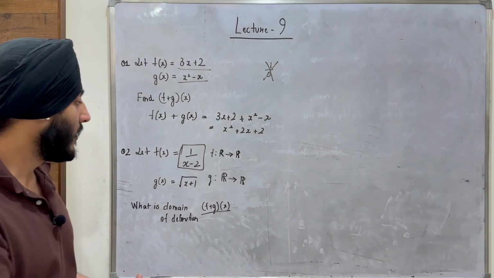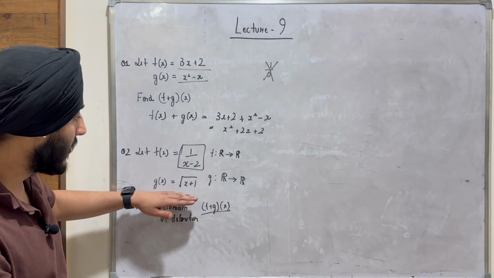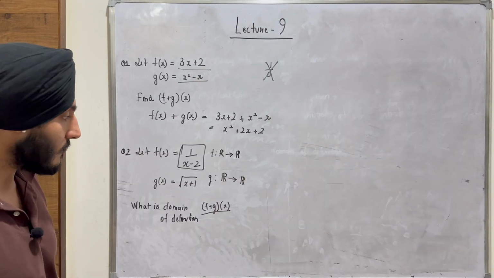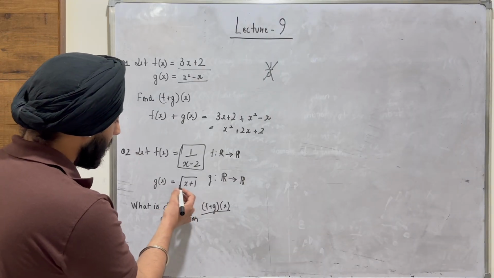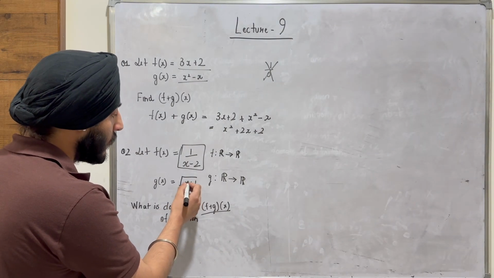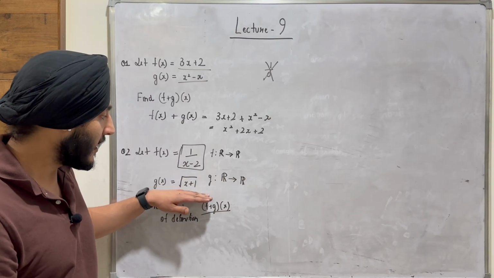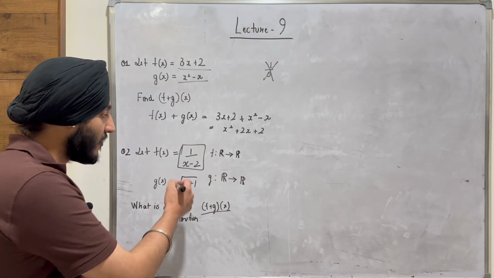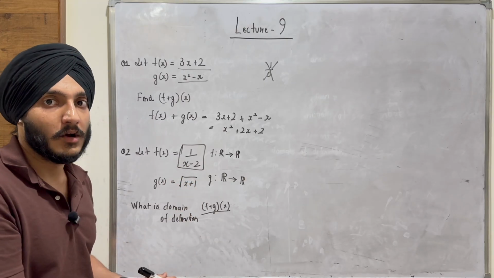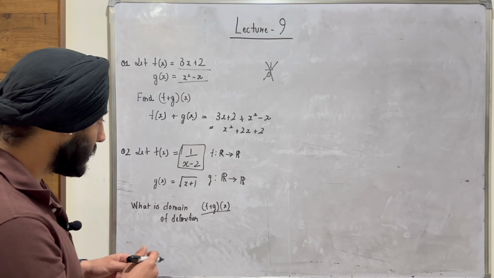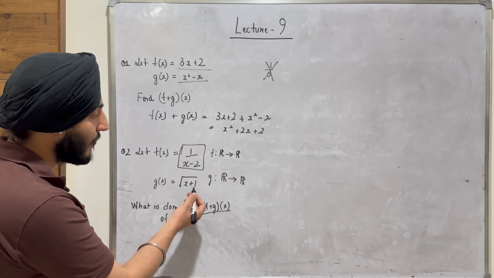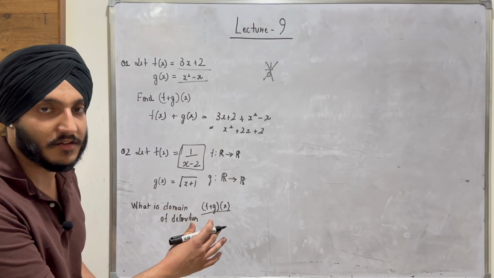That's very clear. Now let's take a look at g of x. The basic point is g of x is the square root of x plus 1, meaning the values that I input over here should result in a non-negative value. So if I input the value -1, this would result in a 0, so that's fine.